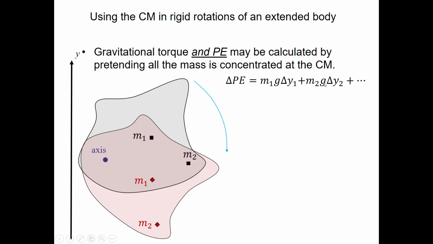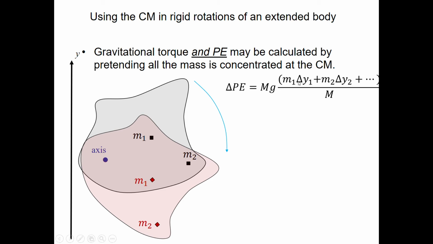There's a common factor of g in all these terms, so I'm going to factor that out on the right-hand side, and then look at what's in parentheses here and try to interpret it. M1 times the change in y1 plus M2 times the change in y2, adding those up is almost the same thing as the change in the y-coordinate of the center of mass.